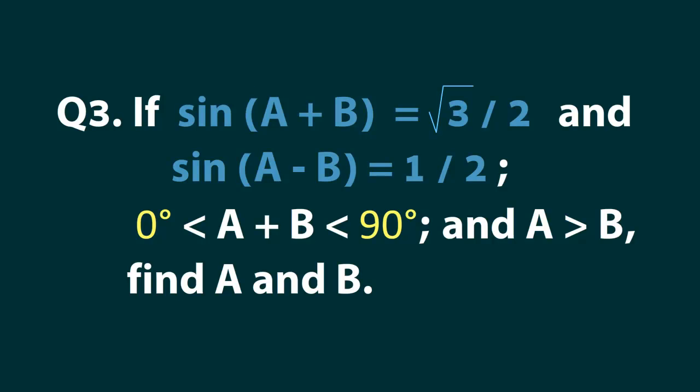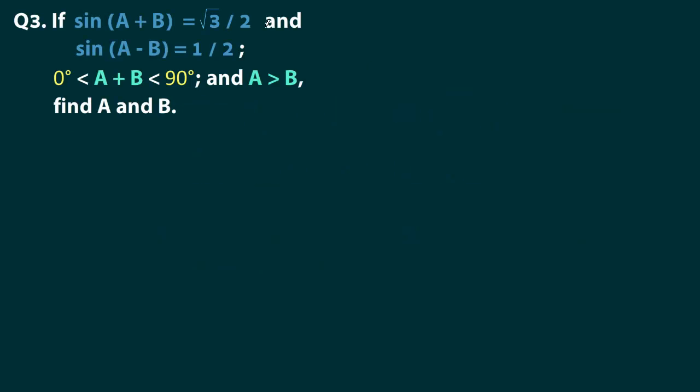Now, it's important to understand why we have been given this extra information. If it is given that A plus B is greater than 0 and less than 90, that means each of these angles themselves are less than 90, right? So now let's take a look at what is given in the first equation.